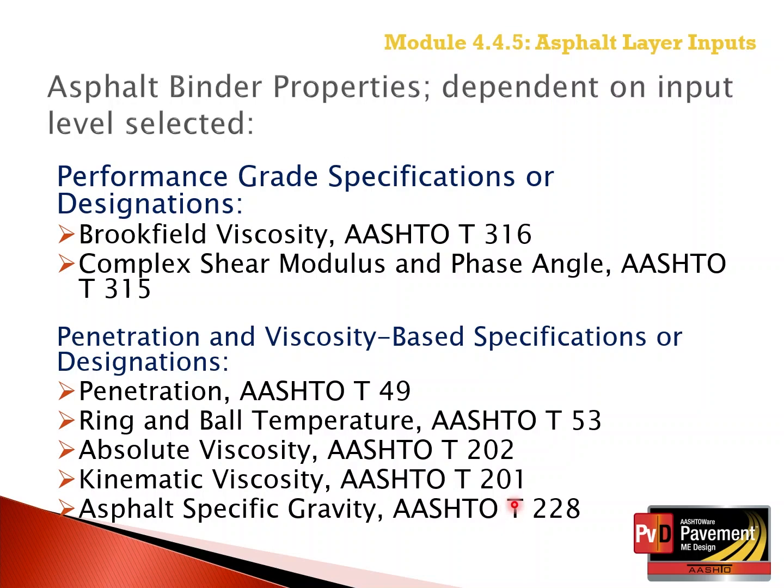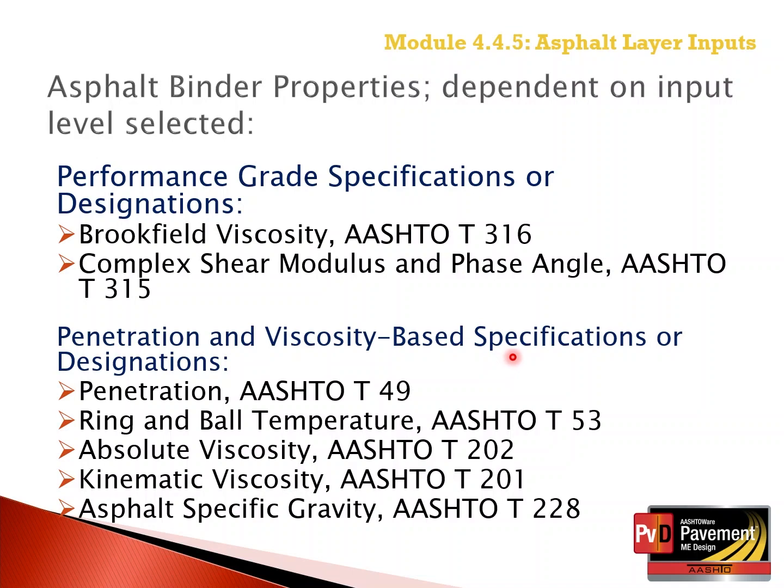The designer can select any of the three designations: the performance grade designation, the penetration designation, or the viscosity-based designation. For input level 3, just the binder designation is needed.